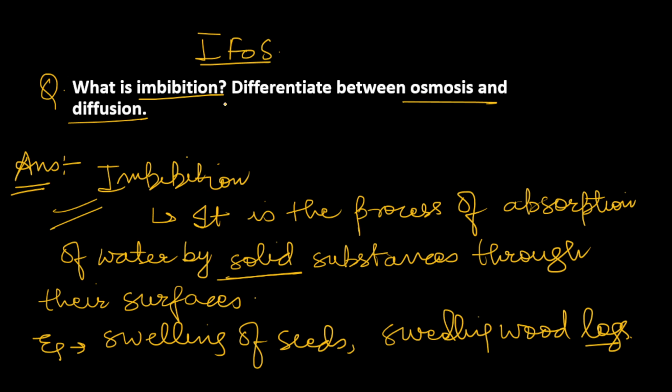Now let's move to the second part of the question, that is differentiate between osmosis and diffusion. So let's differentiate both the terms. First of all, we will write osmosis this side and diffusion this side.